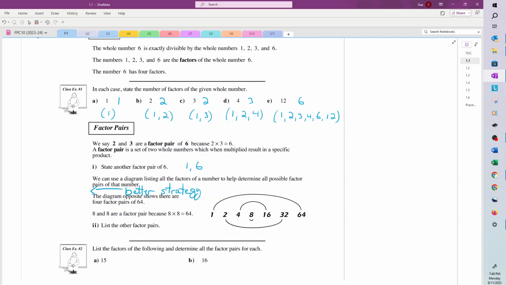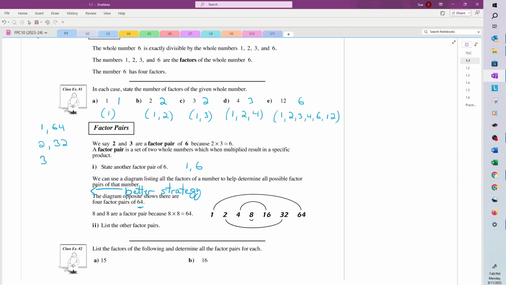And that is to actually list them as factor pairs. By that I mean if I'm going to factor 64, I start off with 1 and I go, okay, 1 times 64 equals 64. So 1 and 64 is a factor pair. I go to the next number after 1, which is of course 2. Well, 2 times 32 gives me 64.